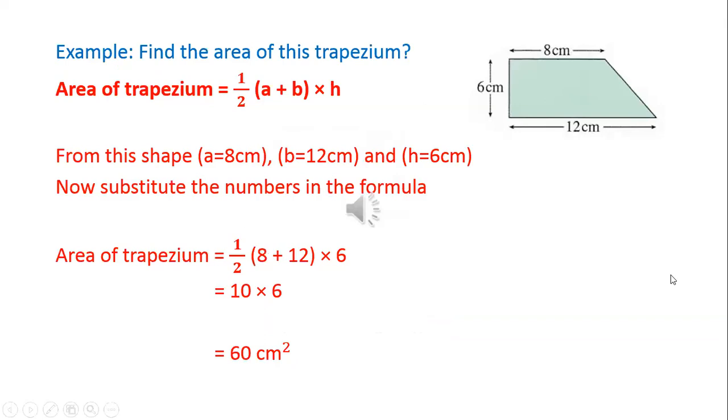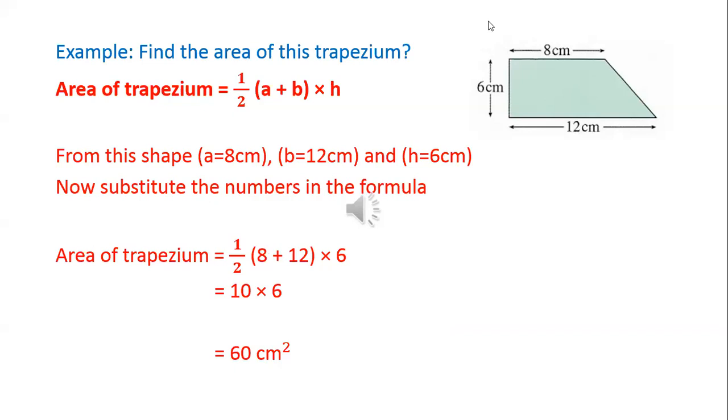Here's the question. Example: find the area of this trapezium. Area of a trapezium equals 1 over 2 times A plus B times H. From this shape, A equals 8 centimeter, B equals 12 centimeter and H equals 6 centimeter.